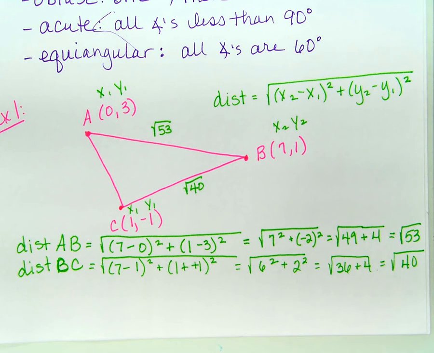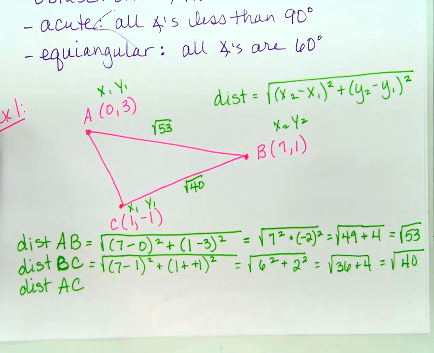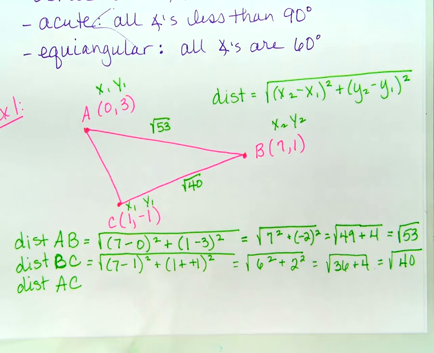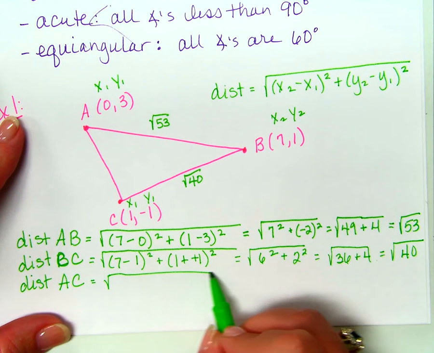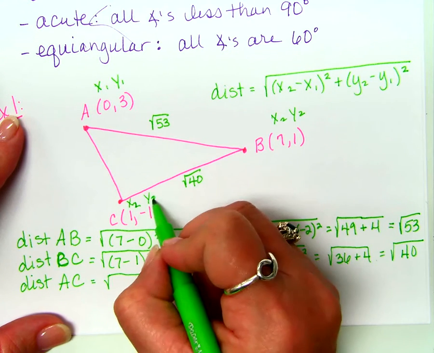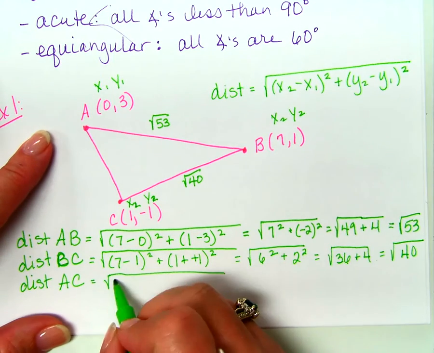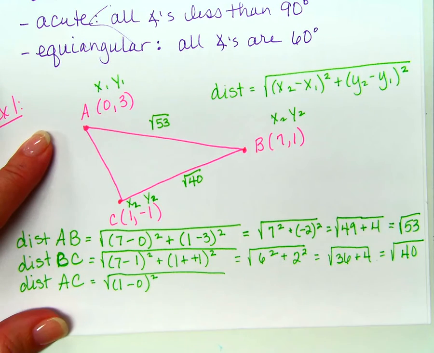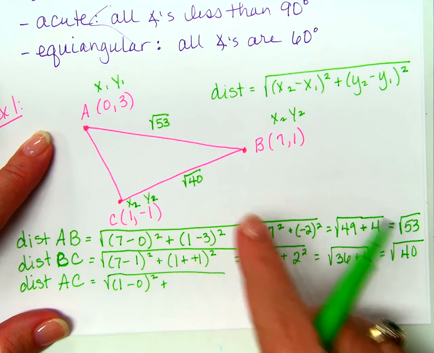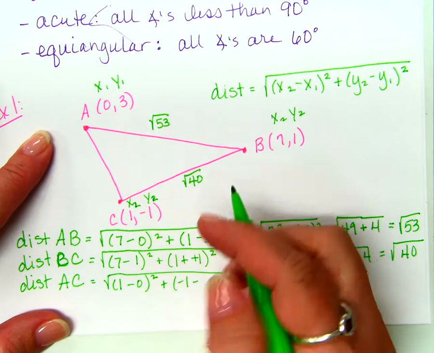One more to find. Now we can't use what we had labeled before, can we? Because right now they're both labeled as x1, y1. So which one do you want to change? C? Okay. That's pretty easy though, right? So x2 is 1 minus x1 is 0 plus y2 is negative 1 minus y1 is 3.